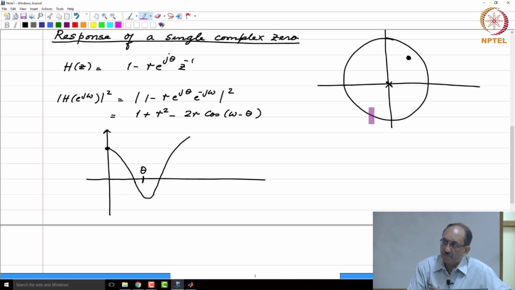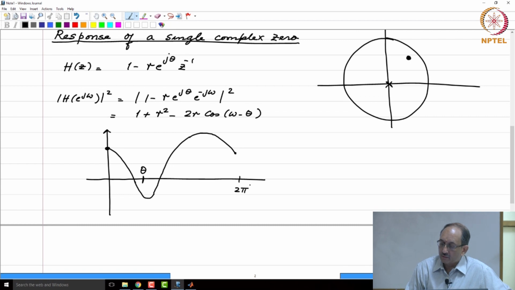Theta plus pi. At omega equal to theta plus pi, you are farthest away from the zero, and hence you can expect the response to be maximum. And then when you complete the circuit around the unit circle, you will reach exactly the same value at 2 pi, which corresponds to the value at omega equal to 0.